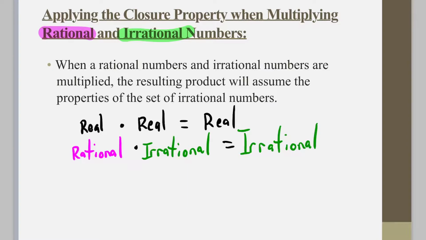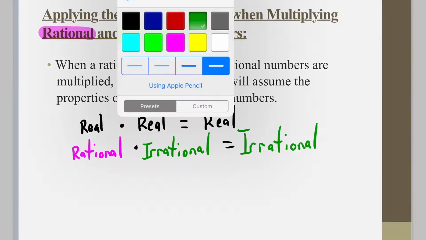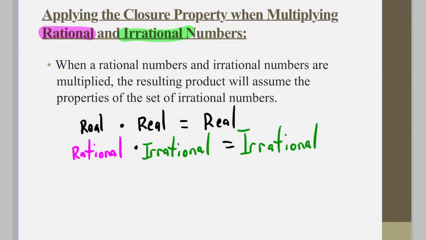So if you, again, want to review the logic behind it, you can go back to the slide that highlights adding a rational or an irrational number. Or if you want, you can think about the reasoning behind if I were to choose a rational number, let's think about 1.25, and I were to multiply that by pi, what would the result look like?